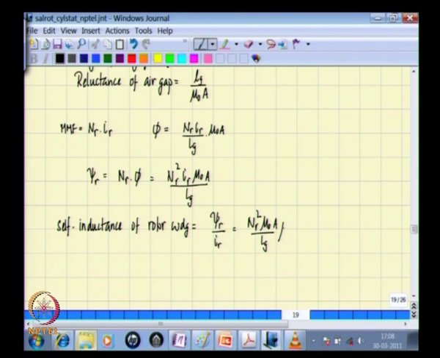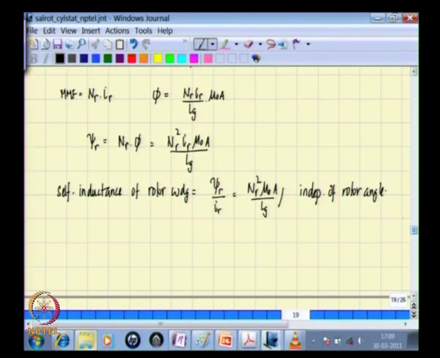So, you see that this inductance is independent of rotor angle, that is expected, because irrespective of the rotor angle the flux linkage does not change. Why does it not change? Because the air gap is remaining the same irrespective of the angle at which the rotor is.